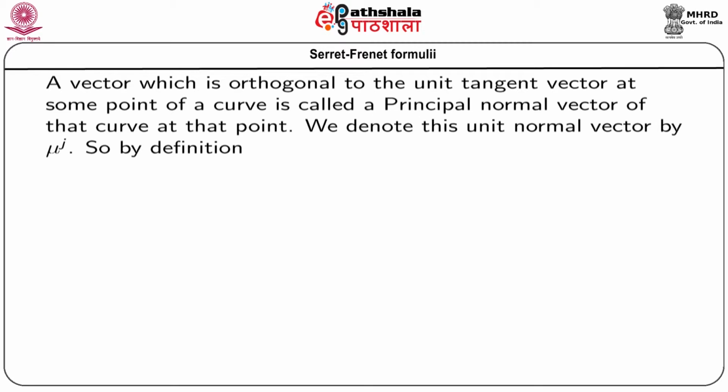Now, a vector which is orthogonal to the unit tangent vector at some point of a curve is called a principal normal vector of that curve at that point, and we denote this unit normal vector by mu^j. That means its components are denoted by mu^j.